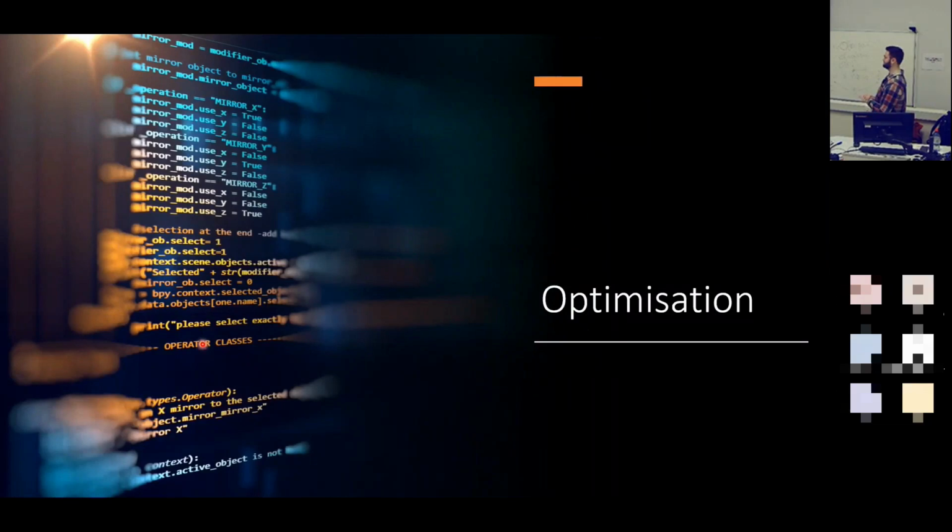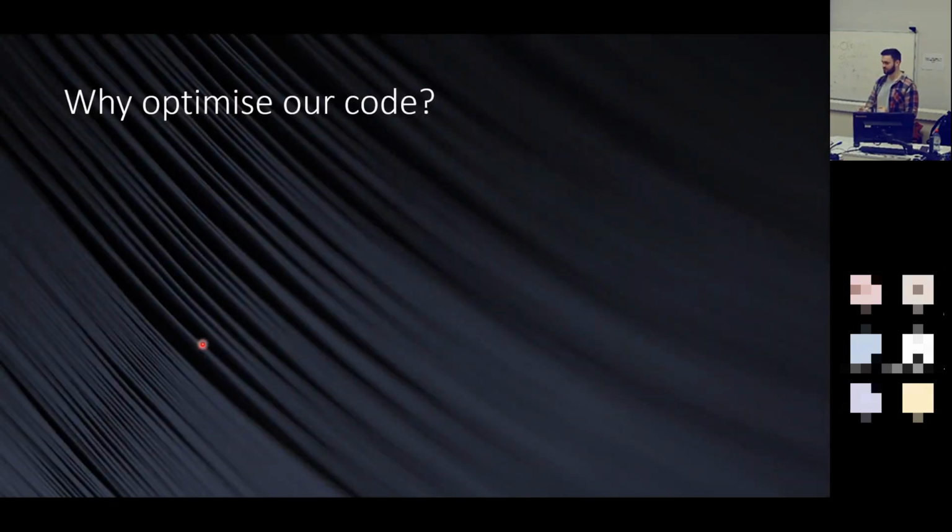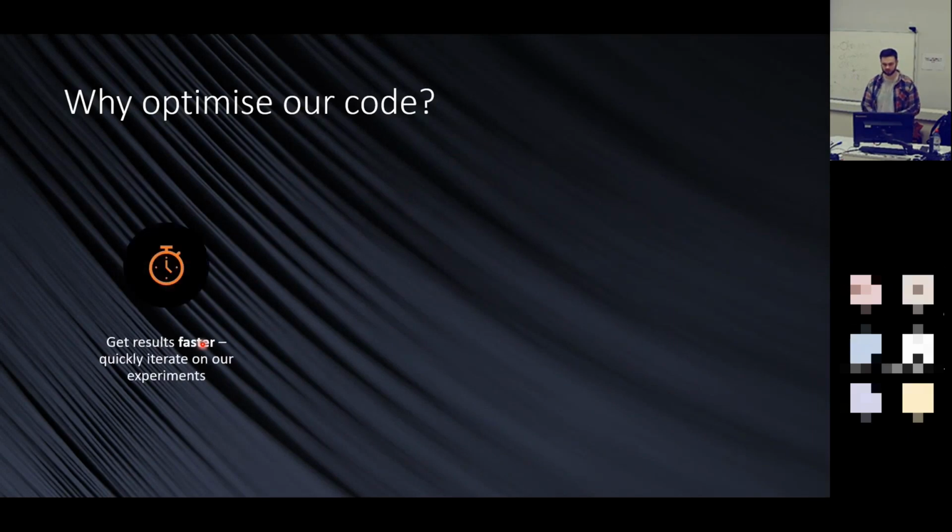Great. So now we've got most of the theory out of the way, we can actually start talking about optimization. There are a few reasons to optimize our code. Obviously, the first, most basic one is you get your results faster.